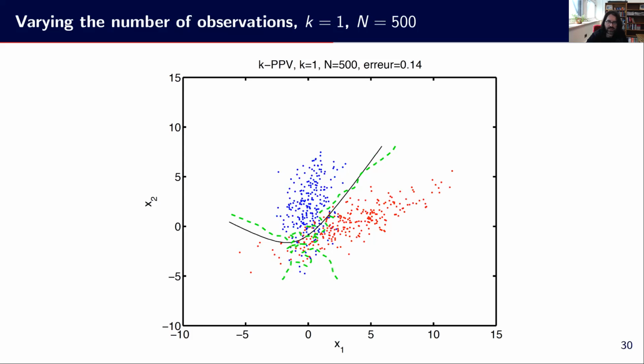If we look at these, the green dashed lines are the decision frontiers. We can see that around here and around there, it's fine. But here there are a lot of zigzags and variations that are not useful. These are artifacts coming from the fact that we are using a relatively small training set.